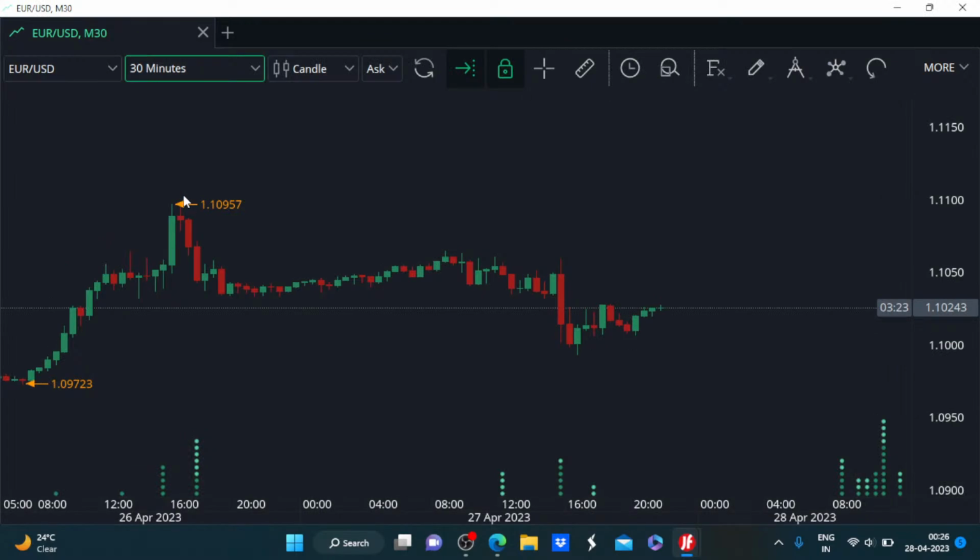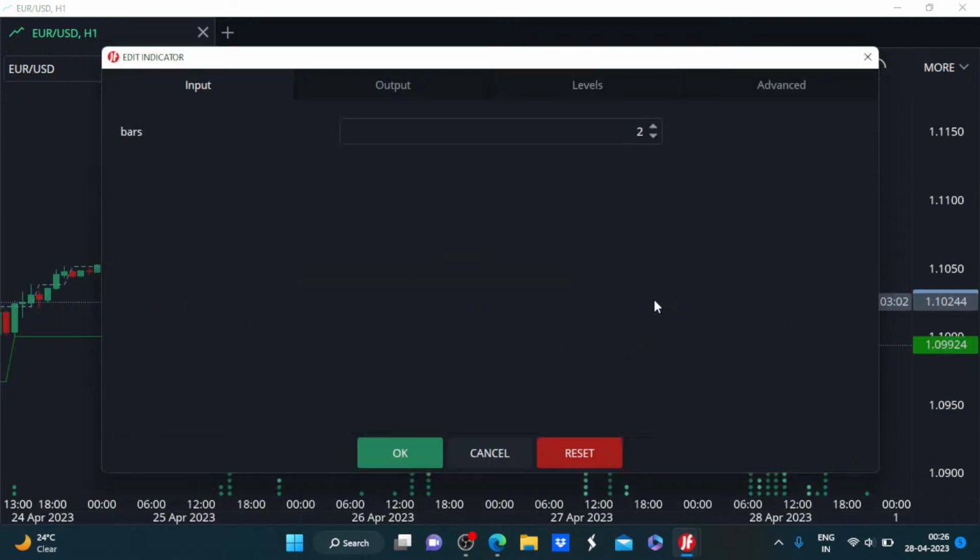Now as I have changed it to 30 minutes, it's not there, but again on 15 minutes you will find it. On 5 minutes or 10 minutes or any other candle period, it won't be there, because we have only opted for hourly and 15 minutes as the time frames on which we want this indicator to be available for us.